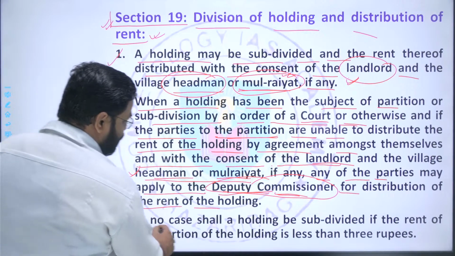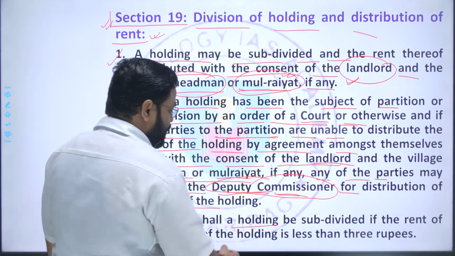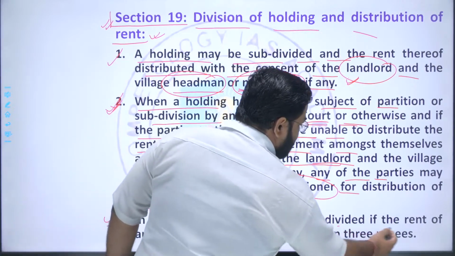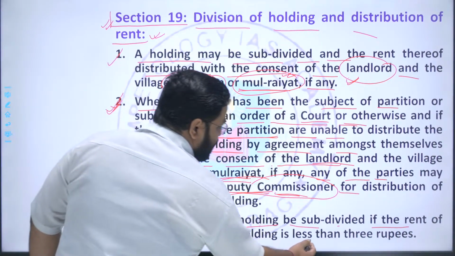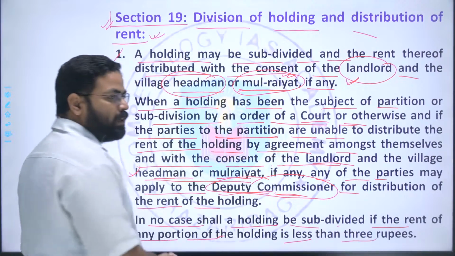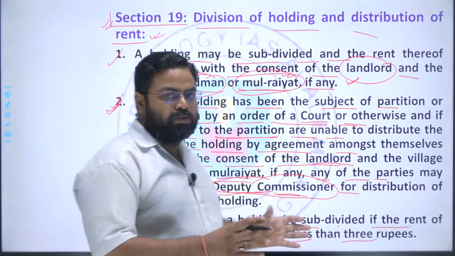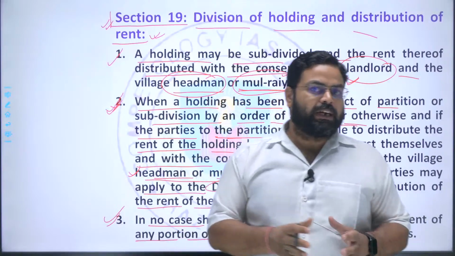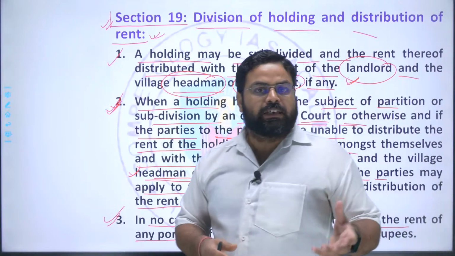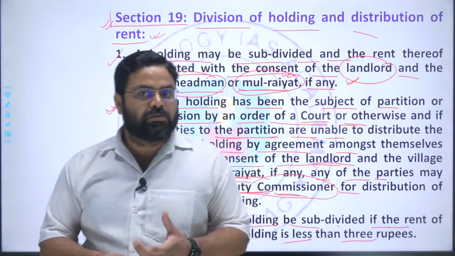Subsection 3 says that in no case shall a holding be subdivided if the rent of any portion of the holding is less than 3 rupees. But this section is not so viable, or even it is not followed in letter and spirit at present. Earlier it was being followed because land revenue was a major issue.